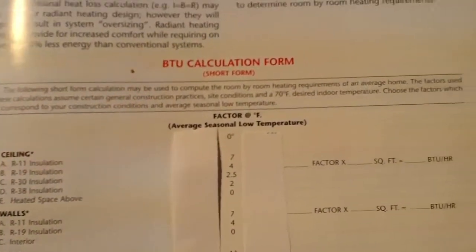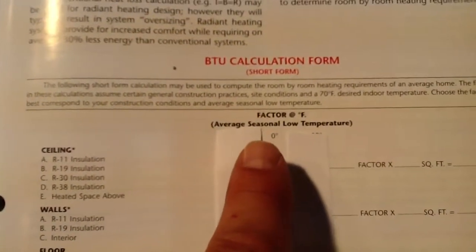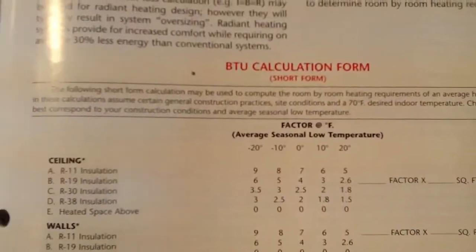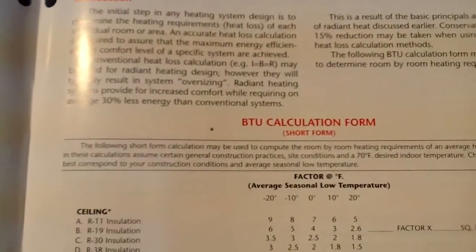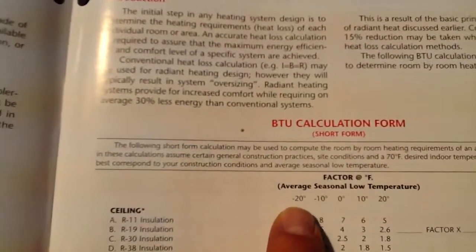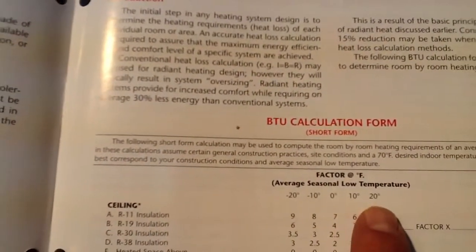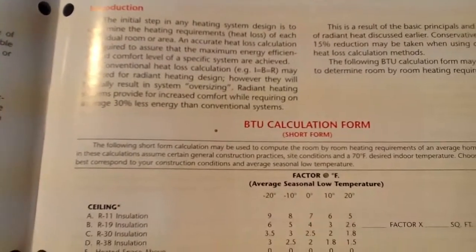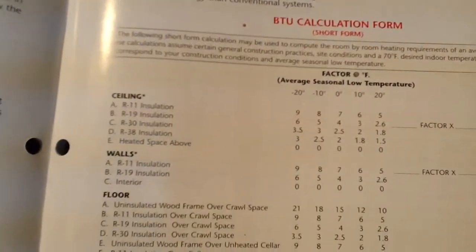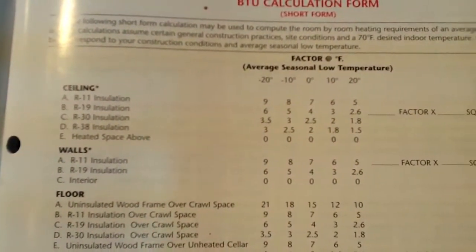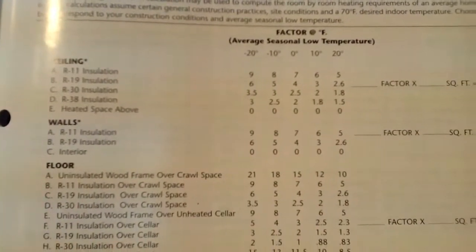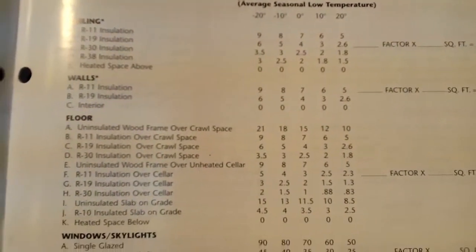We did the factor at 0 degrees. There are actually numbers for everybody. There are numbers for you guys in Alaska. So if you were going to be at -20, or -10, or maybe you're in a warm area, 10 or 20 degrees at the lowest possible point, those numbers are all there for you. And I'll kind of go down the list for you. We used 0 in the exercise.